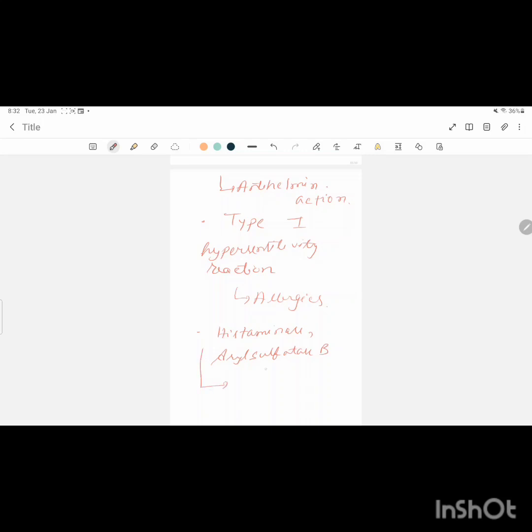So histaminase basically cleaves histamine, and they prevent mast cell degranulation, and basically there is termination of the effect of histamine.